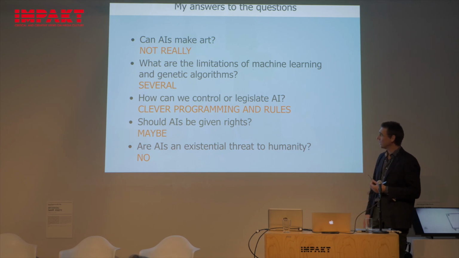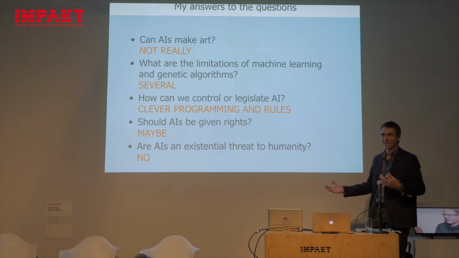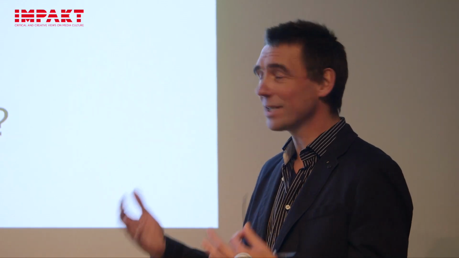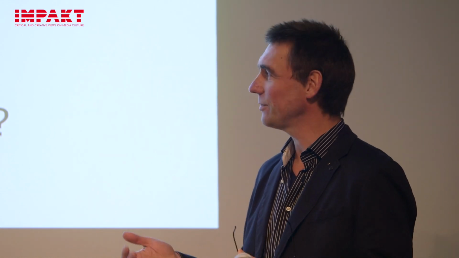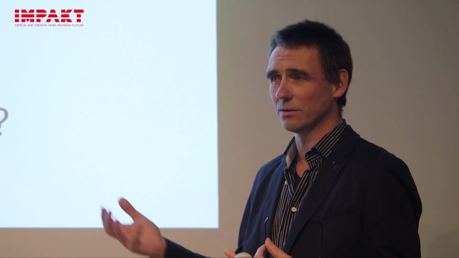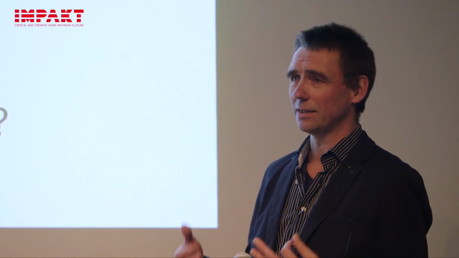Are AIs an existential threat to humanity? I would say no, not at all. And that's very interesting because I work in the area. I've worked in artificial intelligence for 13 years. And I've talked to Nick Bostrom, who is, of course, proposing this idea of superintelligence, and that intelligence will overtake us because at a certain point they will invent ways of reproducing themselves and making themselves smarter, etc. And then we have this exponential growth.